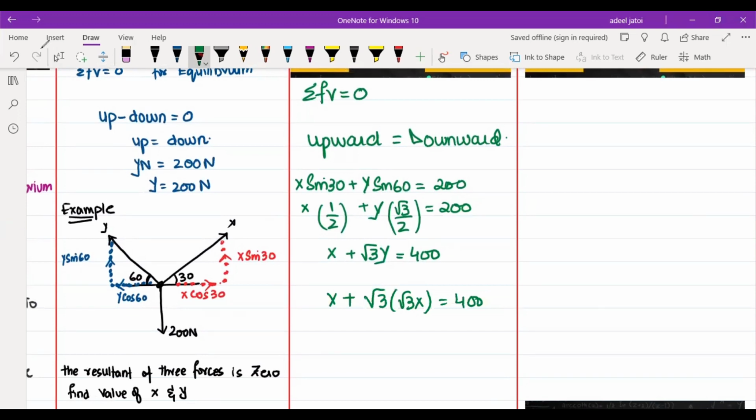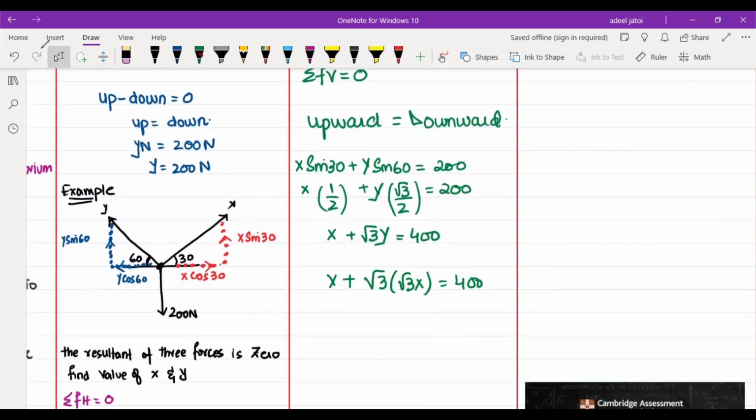So x plus under root 3 times under root 3x is equal to 400. Under root 3 times under root 3 is 3, so x plus 3x is equal to 400. 4x is equal to 400, so x becomes 100 Newton.